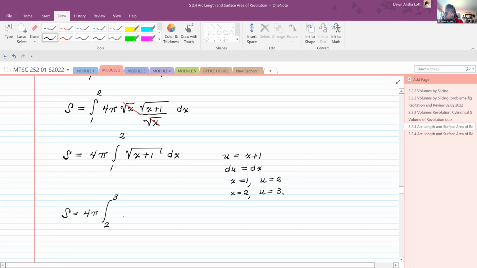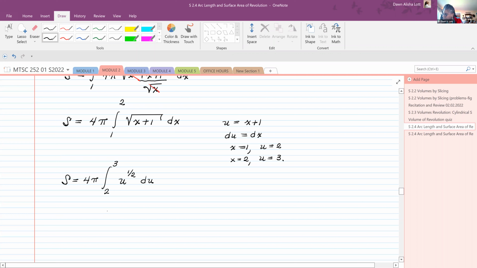This becomes u to the 1/2 power du. And this as an answer gives me 8 over 3 pi times 3 to the 3/2 power minus 2 to the 3/2 power. Done.